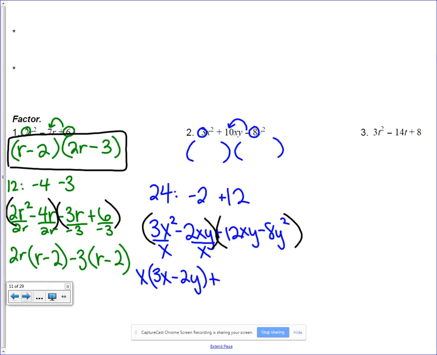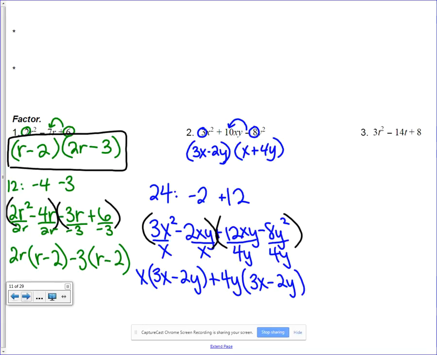What can I divide out of these? And a y. Somebody said it. Was that you, James? Was it Peyton? Okay. If you divide out a 4y, what's left? Oh, there we go. 3x minus 2y. Do they match, folks? They do. So my repeated factor is 3x minus 2y, and the leftover factor would be x plus 4y.